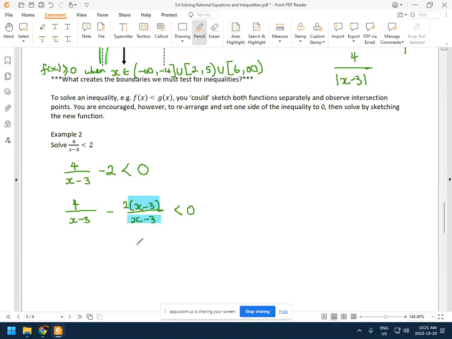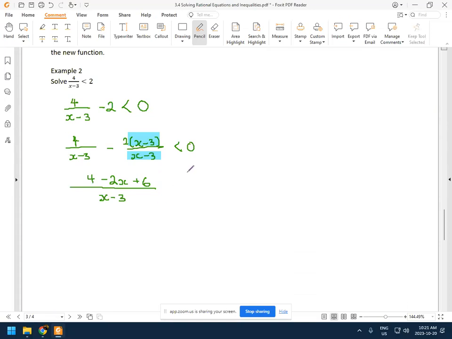Next, since I need to turn that into a single fraction, it makes my life so much easier, and I could use so many rational function tools that we learned by doing so. I have -2x positive 6. I hope no one got mixed up with that. It is a positive 6. And that turns into -2x plus 10.